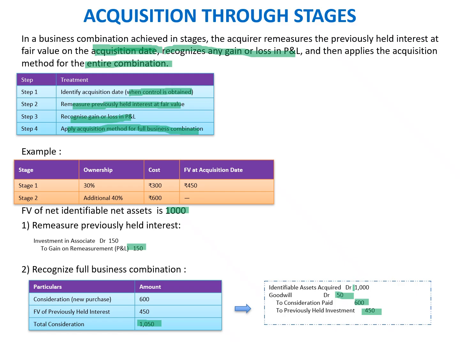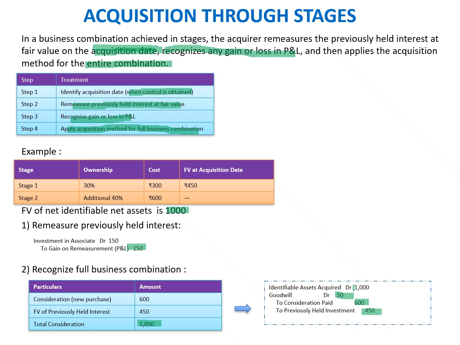So fair value is 1000, the total purchase consideration is 1050, and hence the amount transferred to goodwill is 50. This entry clearly illustrates the accounting whenever the acquisition happens in these stages.